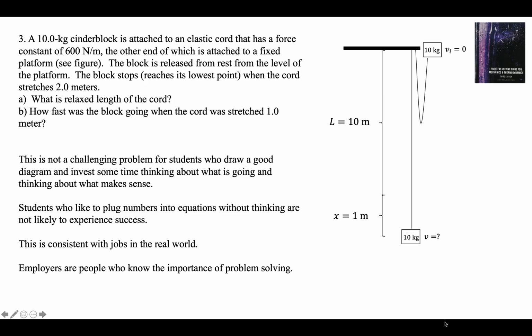Employers, which should be your goal, to be an employer, not an employee, are people who know the importance of thinking and problem solving. Employers want employees who can think and solve problems. There's not many jobs that say we need people who can mindlessly plug numbers into equations without knowing what they are doing. That's what computers do. That's problem 3.